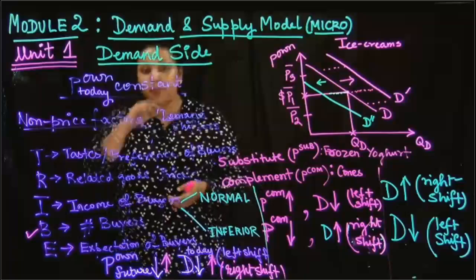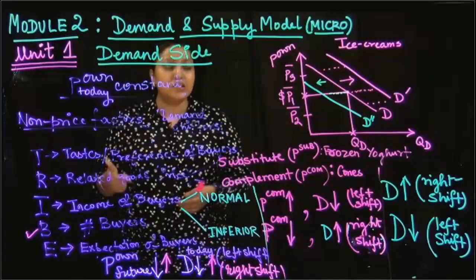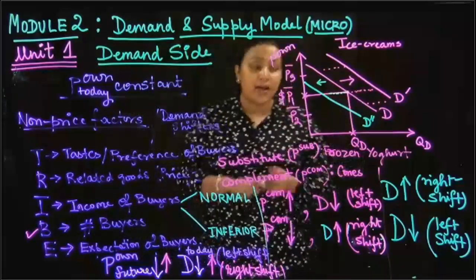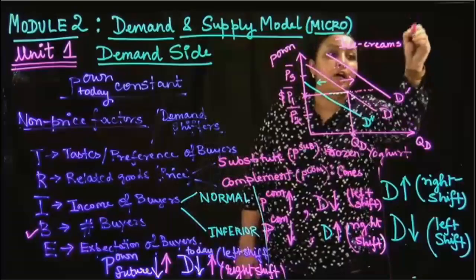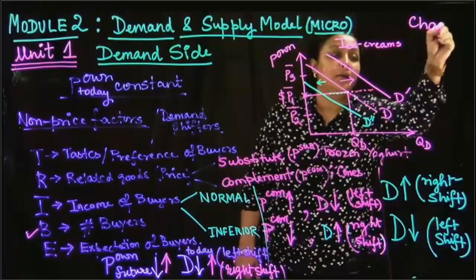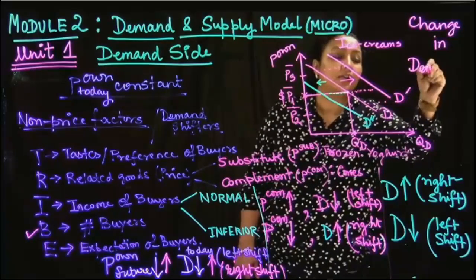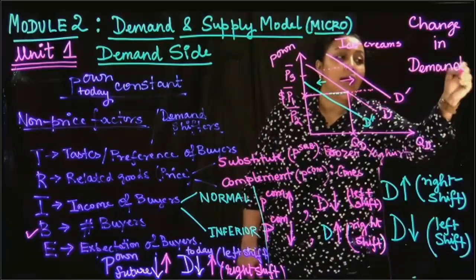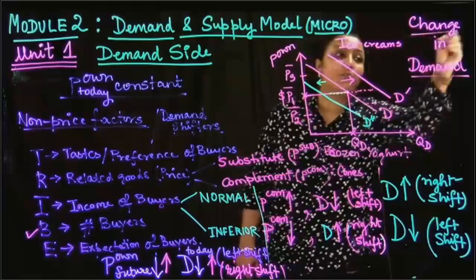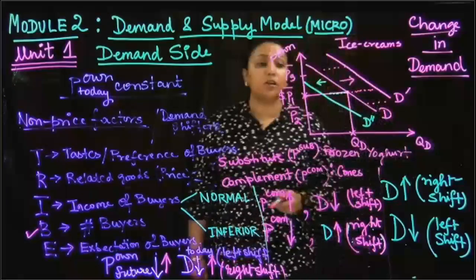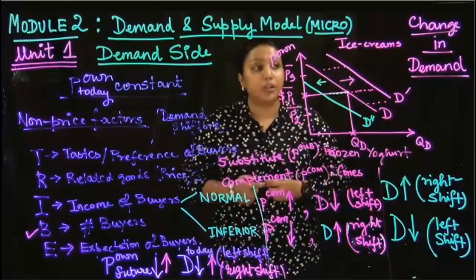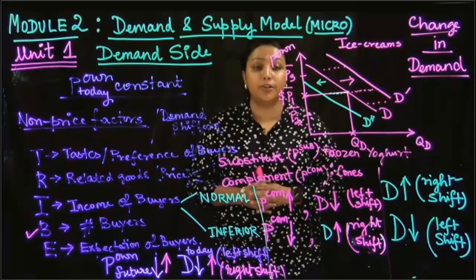That is a very important assumption. So this change, this shift in demand is also called a change in demand. Please note, this is different from what we had done in the last video. When we had an increase in price, we had a movement along the demand curve and we called it the change in quantity demanded.